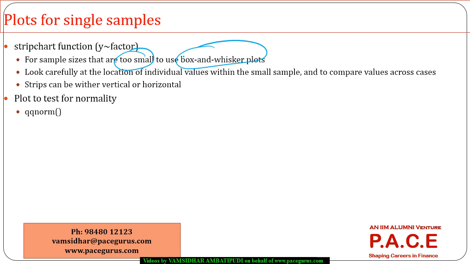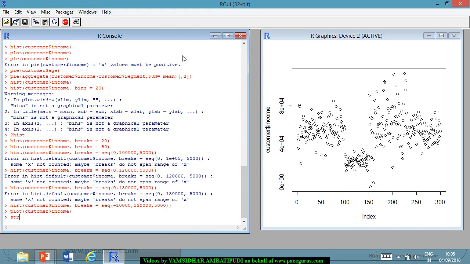Box plots are typically more appropriate when your data is large, but if the data is small, I can very well rely on the strip chart. The way the strip chart gets plotted is I give my response variable tilde my factor variable, customer dollar segment.